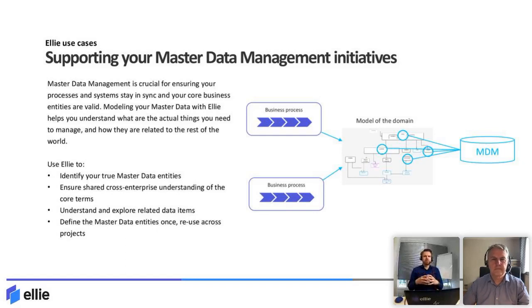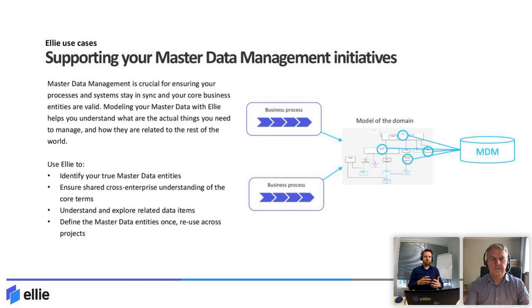So the problem starts very early: you are building a master data management system or process, that's good, nice, well done, but you're starting from a point where you already have confusion around those core entities. And that is something that we can help solve.